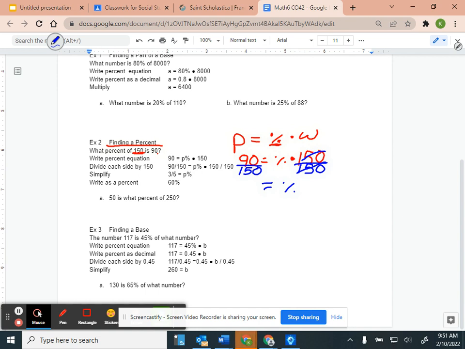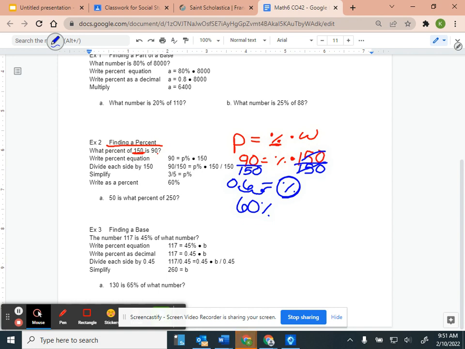Aiden? 0.6. Yeah, so if it's 0.6 and we want it as a percent, what is 0.6 as a percent? Will? 60%, because we move that decimal place 2 places over. So we get 60%.